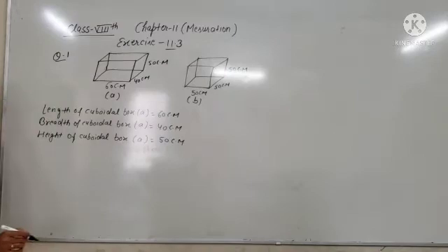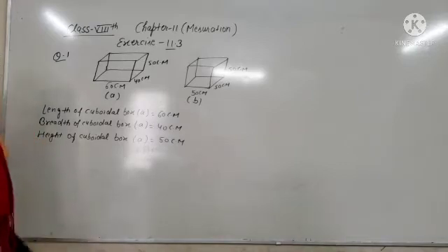Okay, so what will be the area? It means you have to find out how much material is required to make it. Okay, it means you will find out the area.